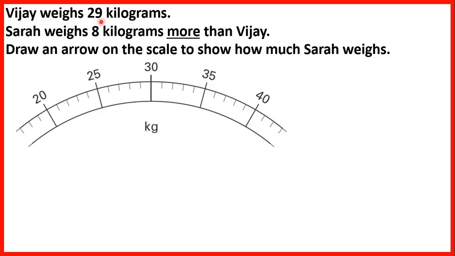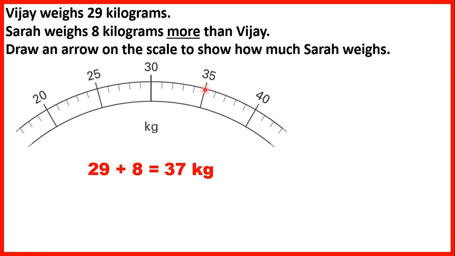Vijay weighs 29 kilograms. Sarah weighs 8 kilograms more than Vijay. Draw an arrow on the scale to show how much Sarah weighs. So if she weighs 8 kilograms more than 29, we need to work out 29 plus 8. So that's 37, which means that we need to mark 37 kilograms on the scale.